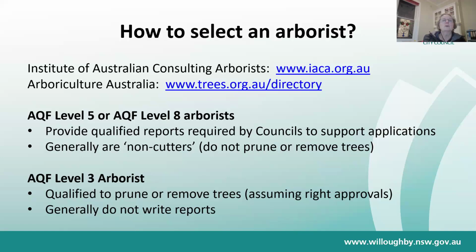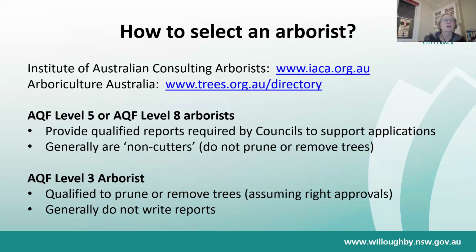How to select an arborist. Well, here we go. I belong to the top one, iaca.org.au. We're the ones that do not cut trees, whereas Arboriculture Australia, yes, there are some fine arborists that work there, but a lot of them do cut trees. So there's a hierarchy of arborists.